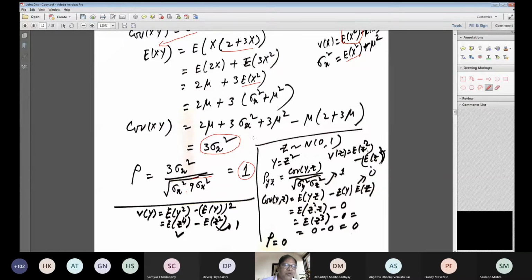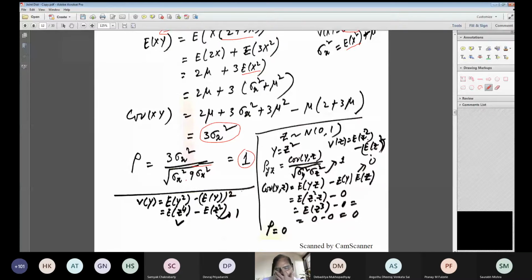And rho equal to 0 means, and here I am going to show you one example, that the relationship is not linear. For example, if I define Z as a normal variate with mean 0 and variance 1, and I have another random variable Y, so Y equal to Z square.